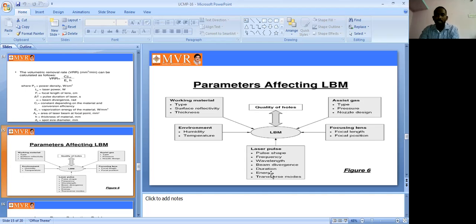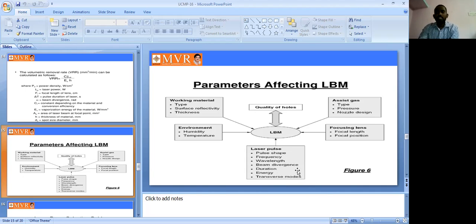Duration, energy, and transfer mode. These are very important parameters for the laser beam machining process. So the main laser pulse parameters are pulse shape, frequency, wavelength, beam divergence, duration, energy, and transfer modes.